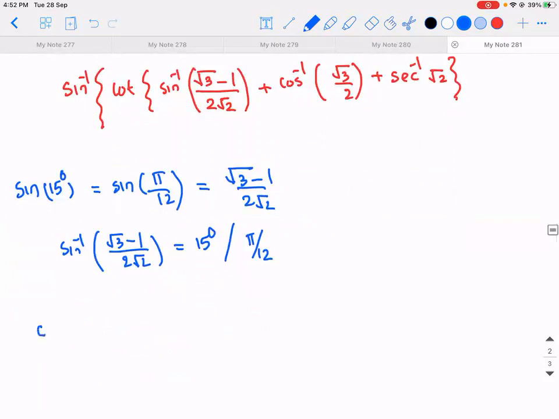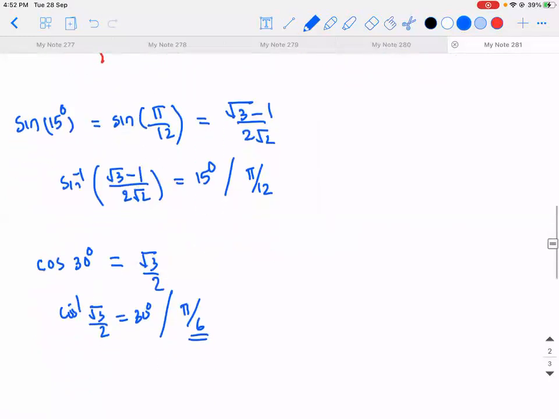Then similarly, cos of 30 degrees is equal to root 3 by 2. Therefore, cos inverse of root 3 by 2 is 30 degrees, or pi over 6.